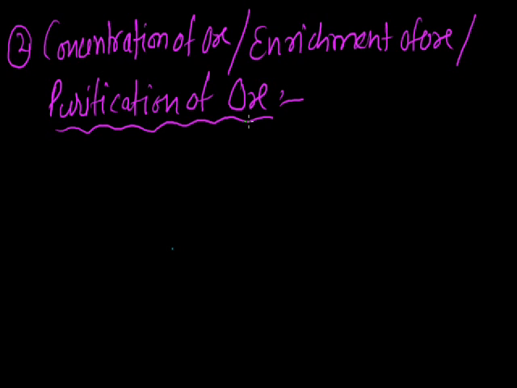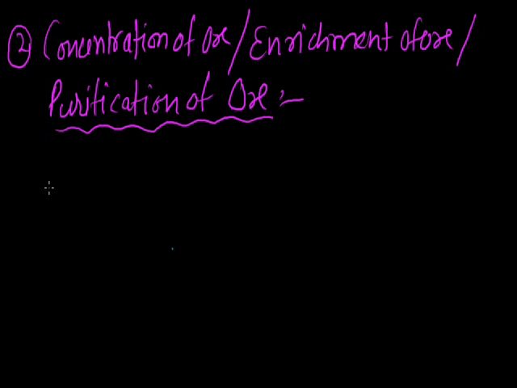In this process, we need to remove the particles of gangue or impurities from the ore particles, and we get pure ore particles. So this process is known as purification of ore because we get pure ore particles. And after removal of gangue or impurity particles, we obtain a high amount of ore particles, or we can say that the ore will be concentrated. So this process is known as concentration of ore.